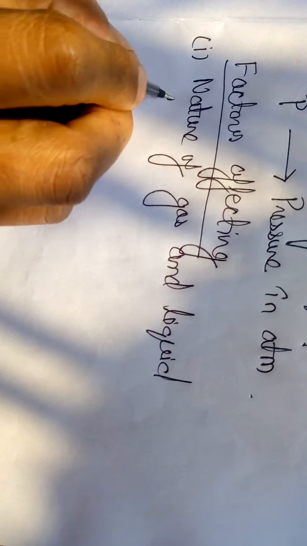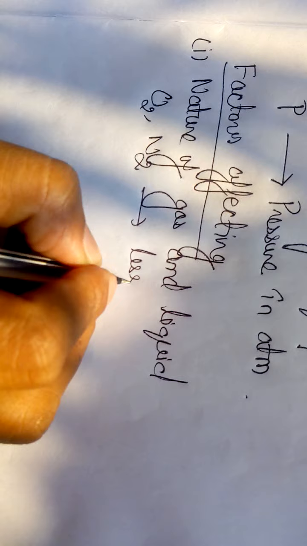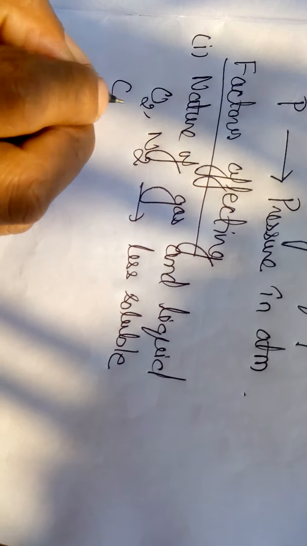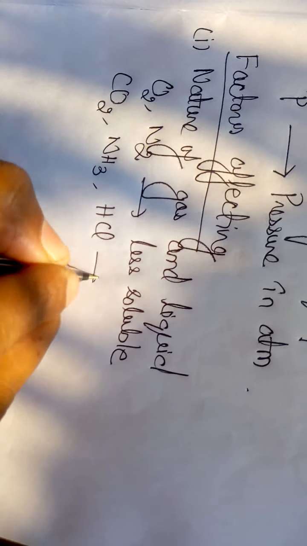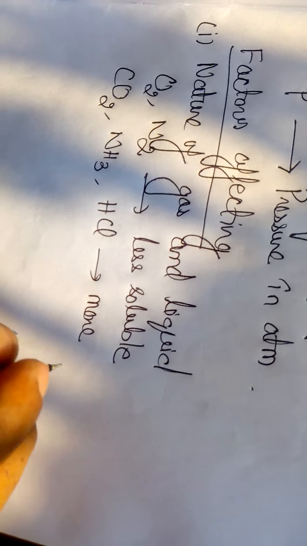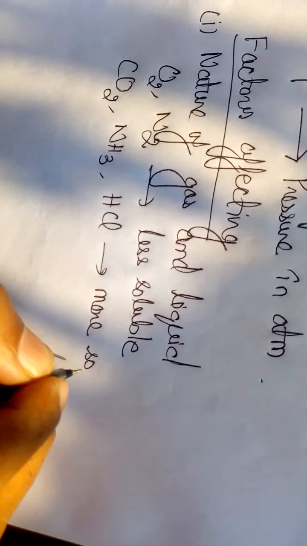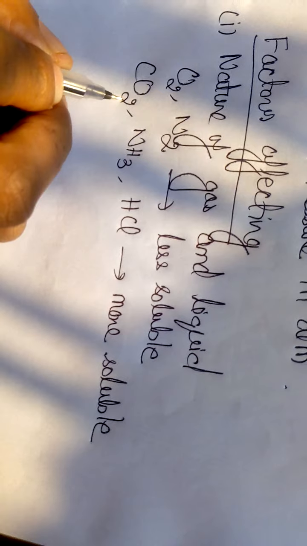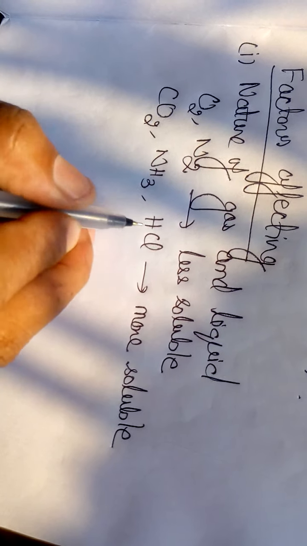We know oxygen, nitrogen are less soluble in water, whereas carbon dioxide, ammonia, HCl, etc. are more soluble in water due to compound formation or dissociation. CO2 forms carbonic acid, ammonia gives ammonium hydroxide, HCl gives the corresponding ions.